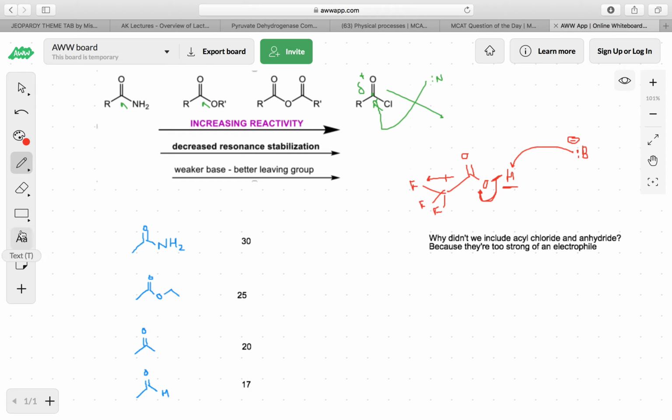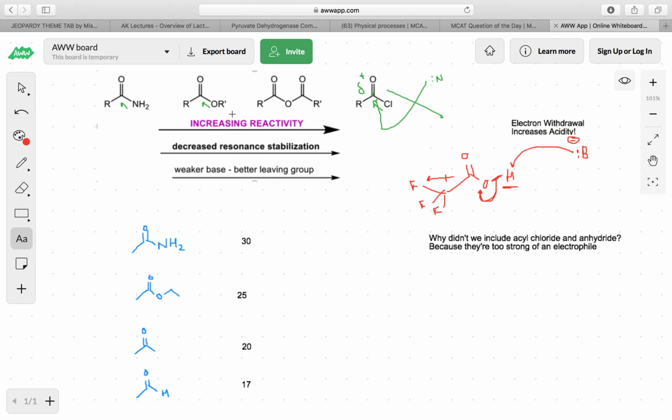And because of that, we know that electron withdrawal increases acidity, because these fluorines are withdrawing electron density, and that helps this single bond pop off onto this oxygen over here. So remember, we're looking for electron withdrawal with our strongest acids.